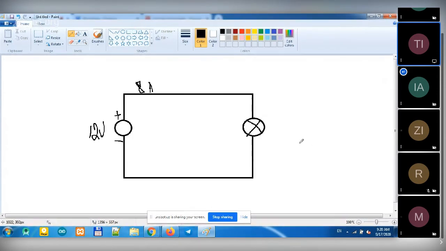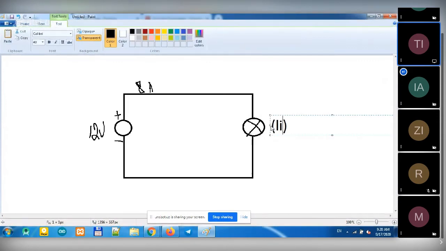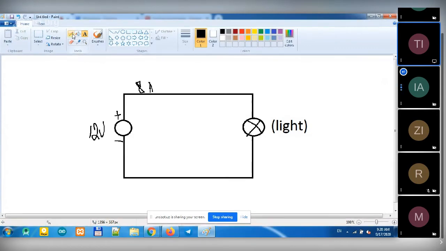This is a light, a 12 volt light. This is the positive side, this is the negative side. So let's do our practice according to this electric circuit. This is the simplest circuit.